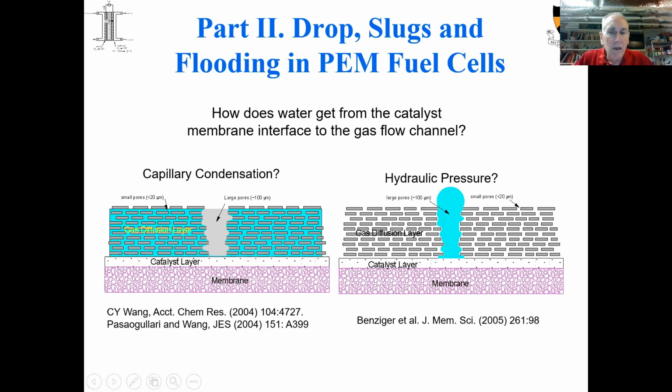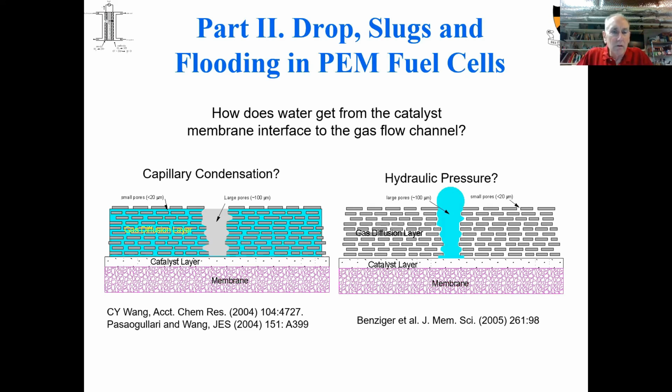It had been assumed when we started some work on this that you needed large pores in order for the water to get out, or you needed large pores for the gas to get from the flow channel down to the catalyst layer.